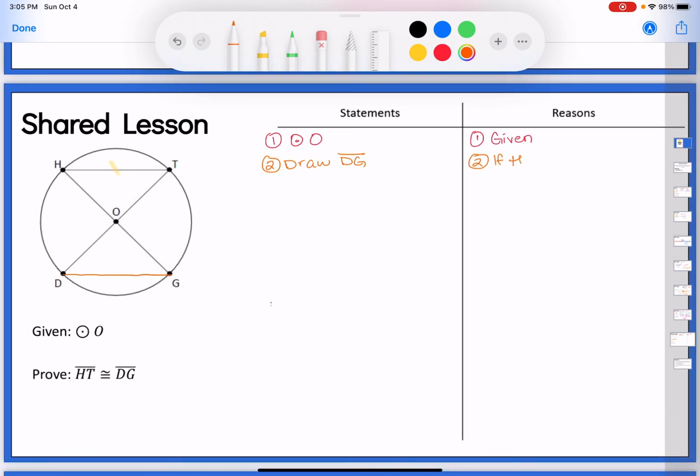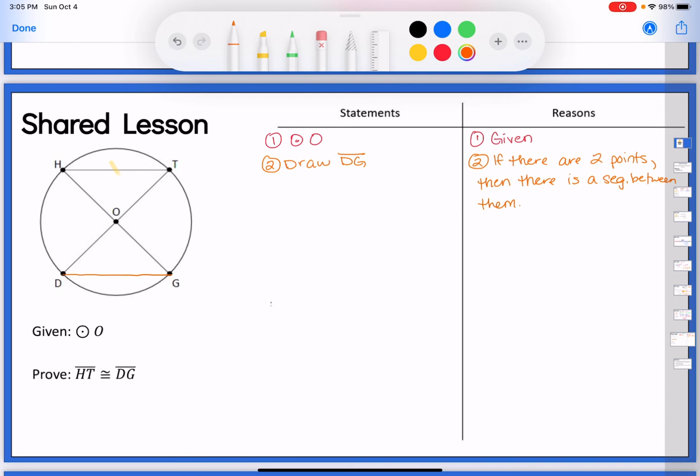If there are 2 points, then there is a segment between them. Now be careful, I know your answer key does not write that in if-then form. They say 2 points determine a segment or something like that, but please write that in if-then form because we're just wanting to make sure our brain is in that habit of writing things in if-then form.